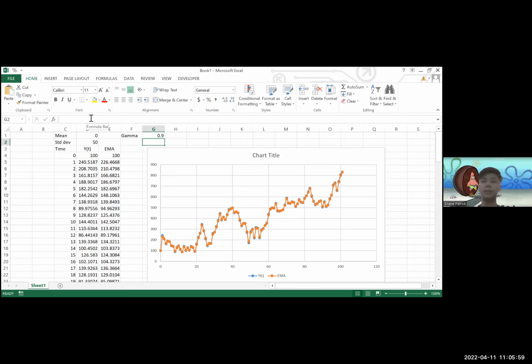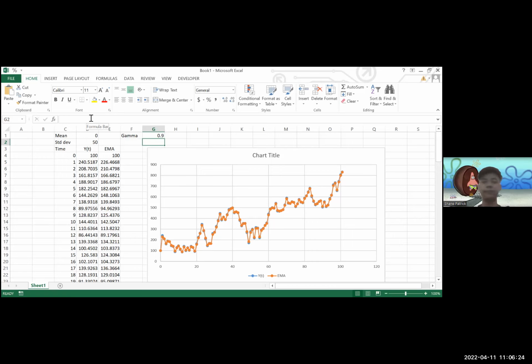Yes. So depending on your parameter, if your gamma is very high, near 1, the filter does not work because your EMMA is the same as your data. Right, I get it, sir.